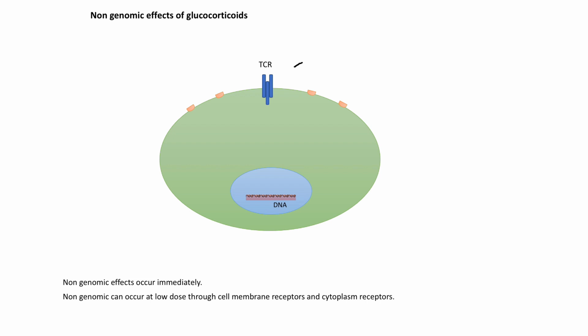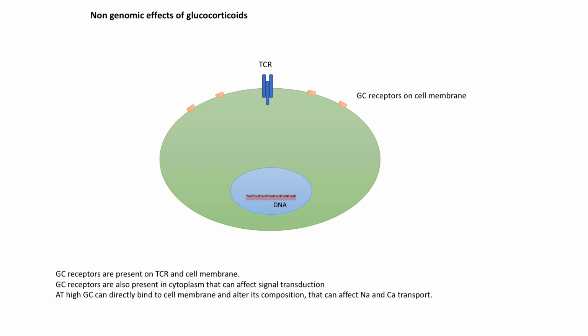These receptors are present on T cell receptors and on cell membrane, and glucocorticoid receptors are also present in cytoplasm. Activation of glucocorticoid receptors on T cell receptors affects transmission of signals from T cell receptors, and activation of cell membrane receptors affect functions of other proteins in cytoplasm.